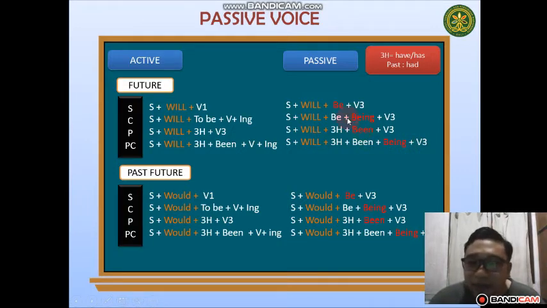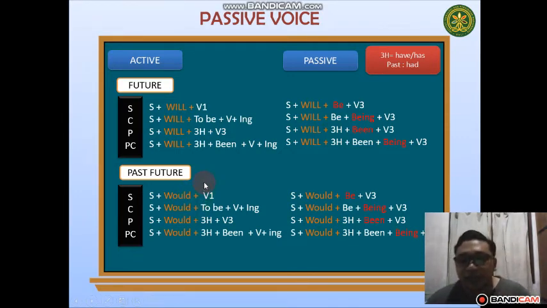Here, why is being used? That means continuous. The past future also seems like the future, but the only difference is that the future uses will, but the past future uses would.